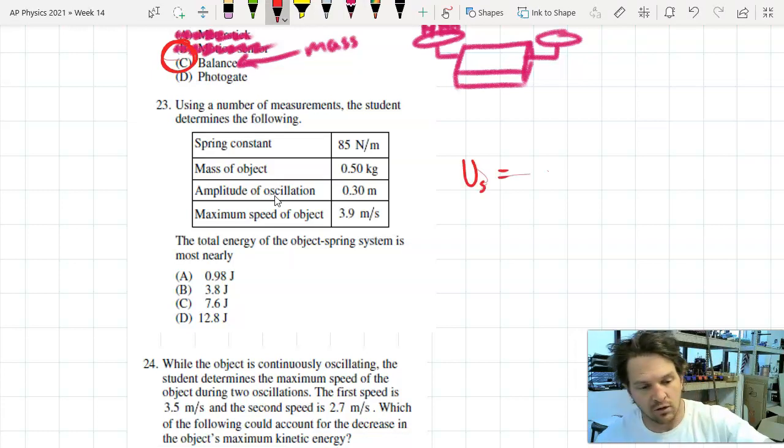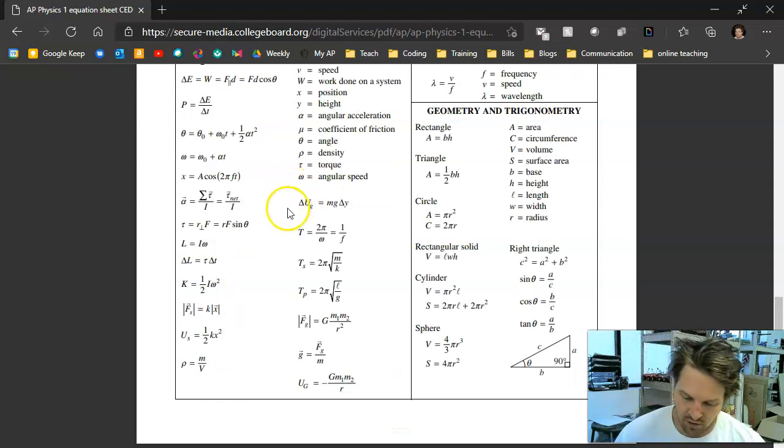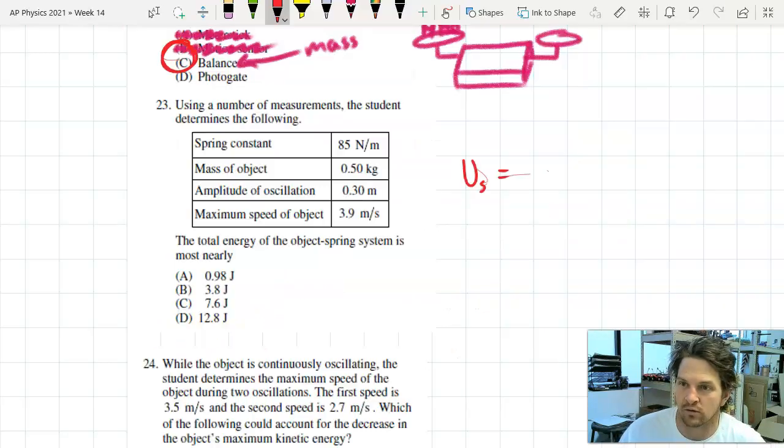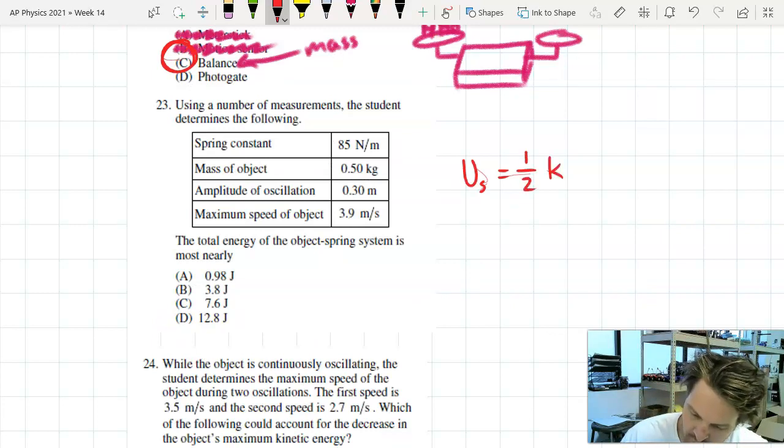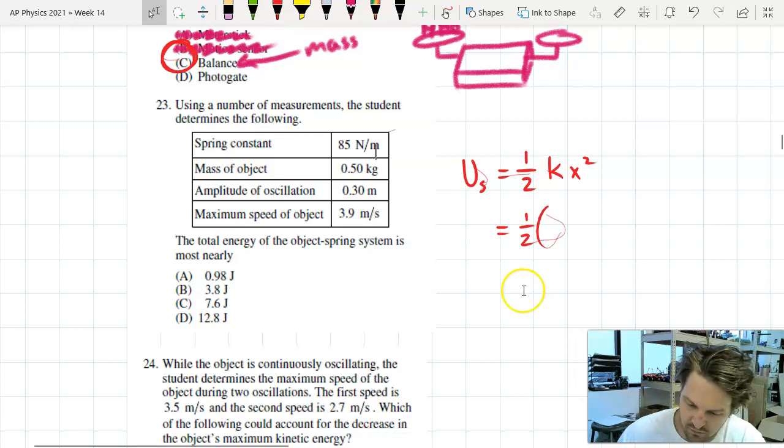And if I need to, on my formula sheet, I'm looking for capital U with an S. There it is right there. 1/2 kx squared. So 1/2 kx squared. That would be 1/2, k is 85 newtons per meter.